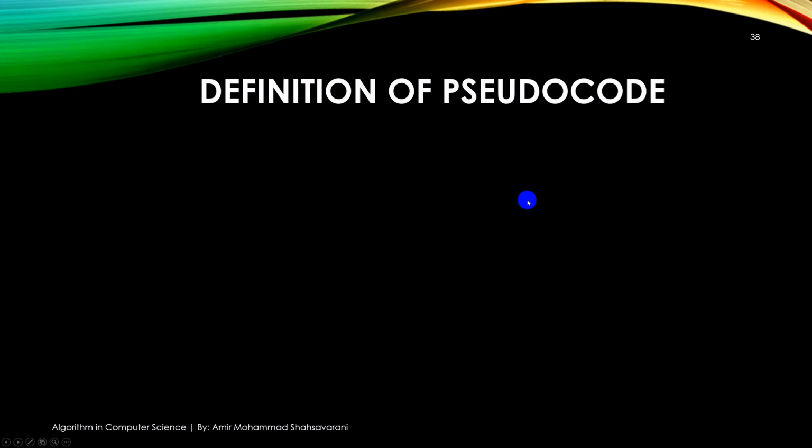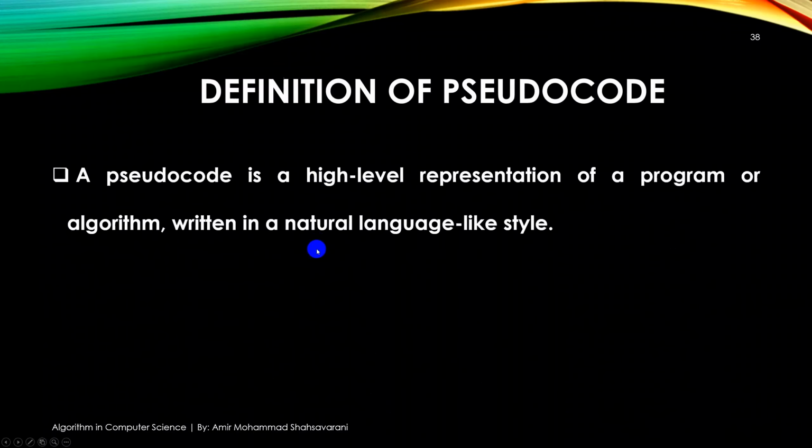Okay, first of all, I think we had better speak about the definition of pseudocodes. Pseudocodes are a way to express the logic and flow of a program or algorithm using natural language-like statements.